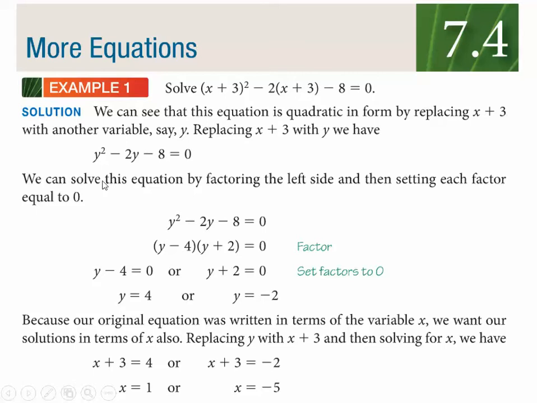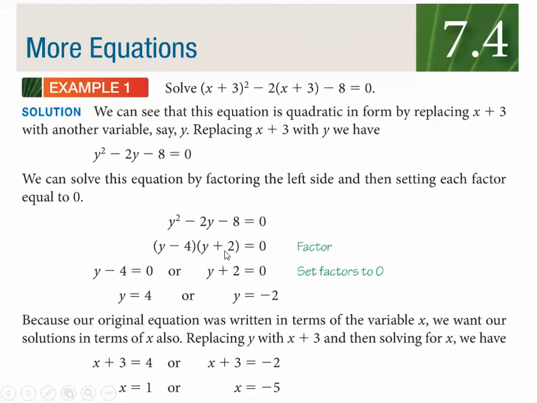Just think of this as the substitution method. So now, is this a lot easier to factor, or use the quadratic formula, or whatever you want to do? Yeah. Okay, two numbers that multiply to negative 8 and add to negative 2: negative 4, positive 2. Is that right? So y squared minus 2y minus 8 factors into y minus 4 times y plus 2.